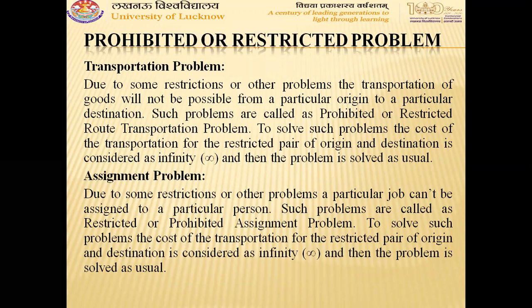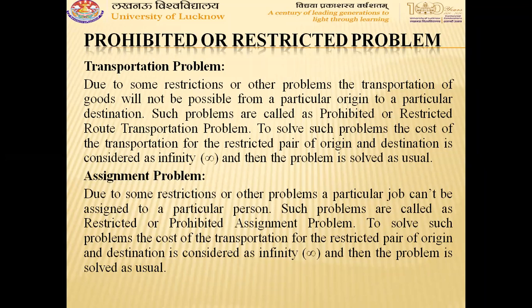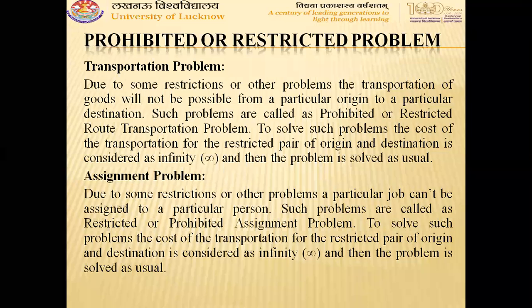Similarly, in assignment, due to some restrictions or other problems, a particular job cannot be assigned to a particular person. So you can consider a man can perform a work manually in a very good manner, but he is not familiar with using the computer.